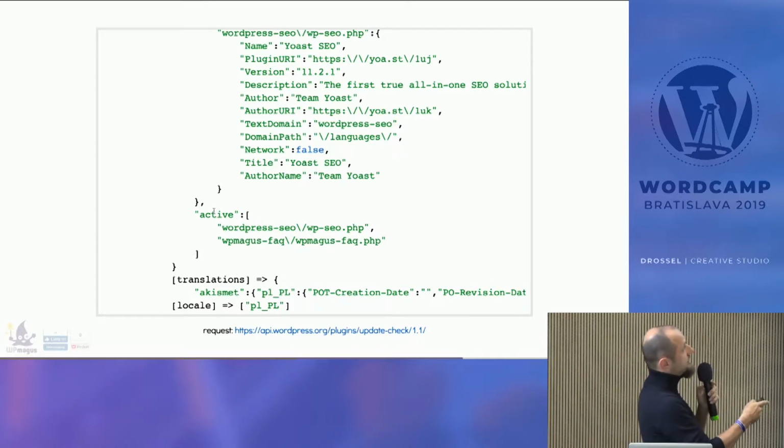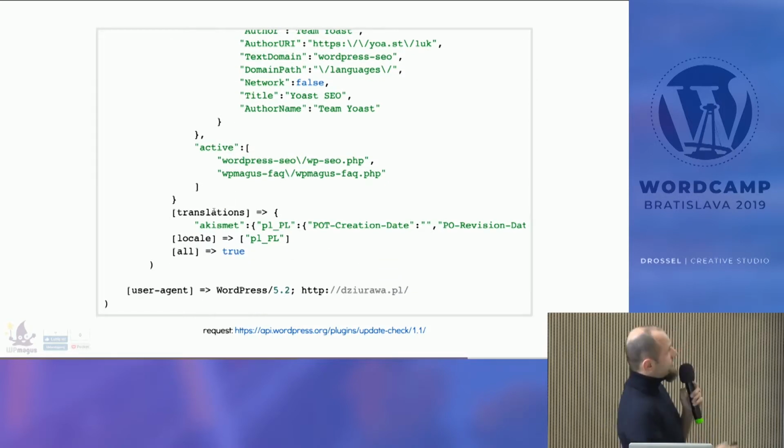So this is how WordPress knows how many. Because your site, twice a day, notifies the WordPress plugin repository which plugins you are using, okay? And also there's info about the translations that your site is using.